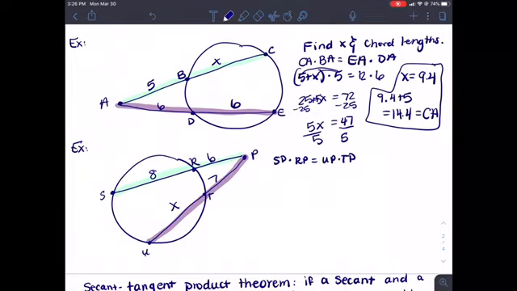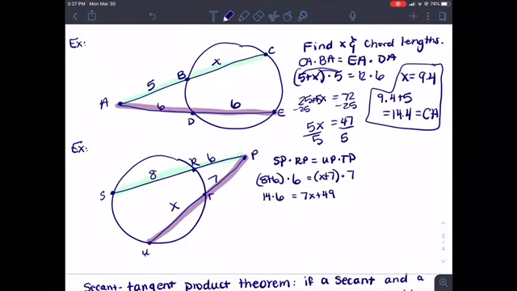Going back to the math, SP is 8 plus 6, times 6, which is RP, equals UP, which our entire value is x plus 7, times a value of 7. So that gives me 14 times 6 is equal to 7x plus 49.